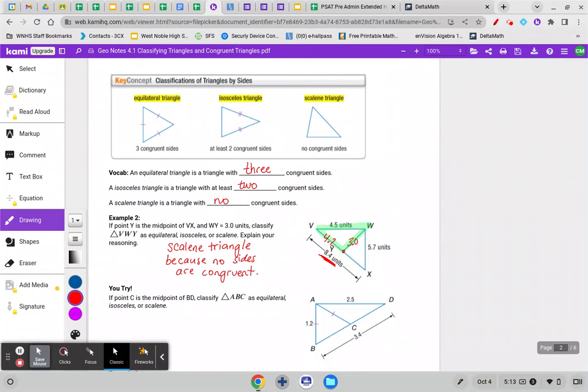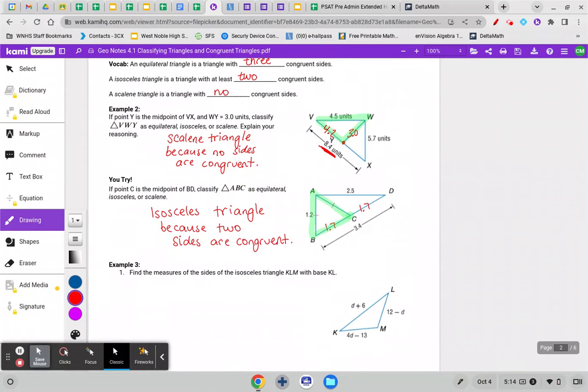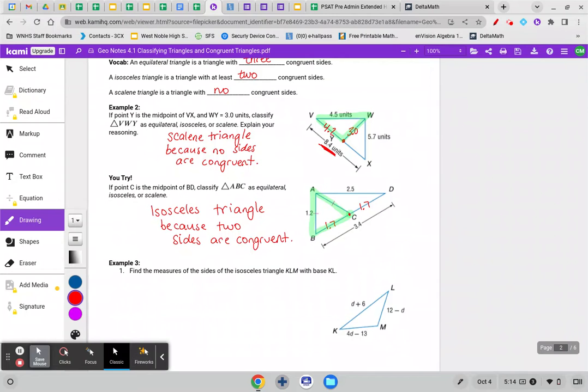You go ahead and try this next one. It says, if point C is the midpoint of BD, classify triangle ABC, which I have highlighted in green, as equilateral, isosceles, or scalene. Once again, we can work with the midpoint. Since C is the midpoint of the whole segment BD, each little piece is 1.7 units.